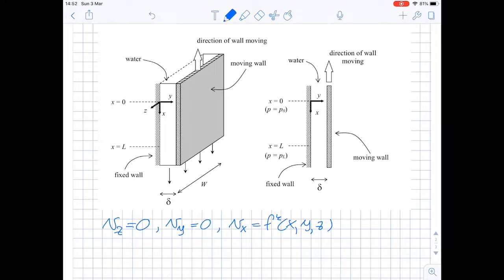It is definitely that Vx is a function of y. Why? Because along this direction, you can see that at this particular point, velocity is supposed to be 0 under the no slip condition. But in between, velocity is not 0. So velocity Vx is changing with respect to y for sure.